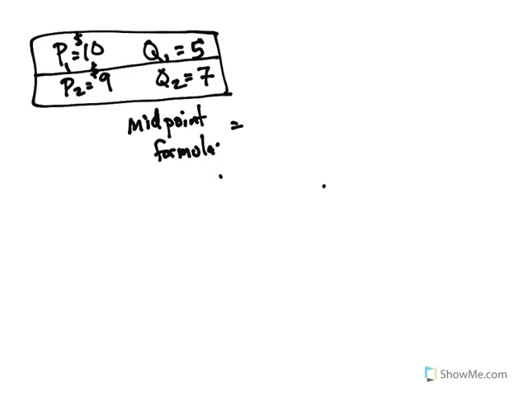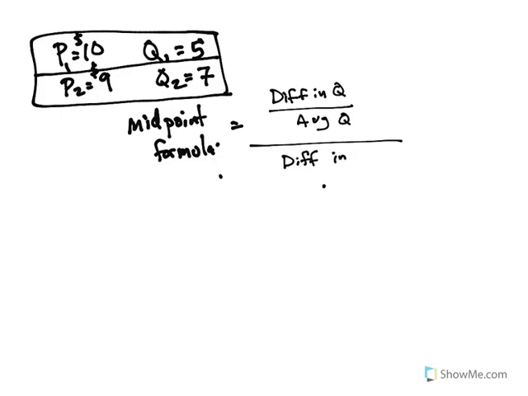So in words, difference in quantity over average quantity, all that divided by difference in price over average price. Okay? So difference over average over difference over average. So let's just plug in the numbers and do that.